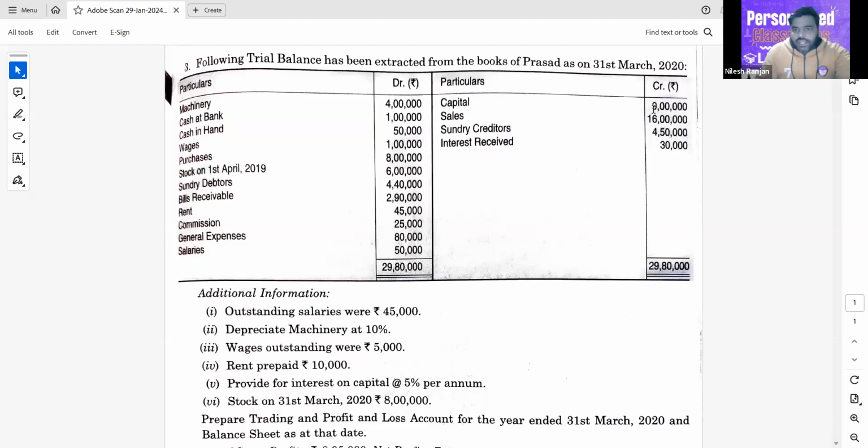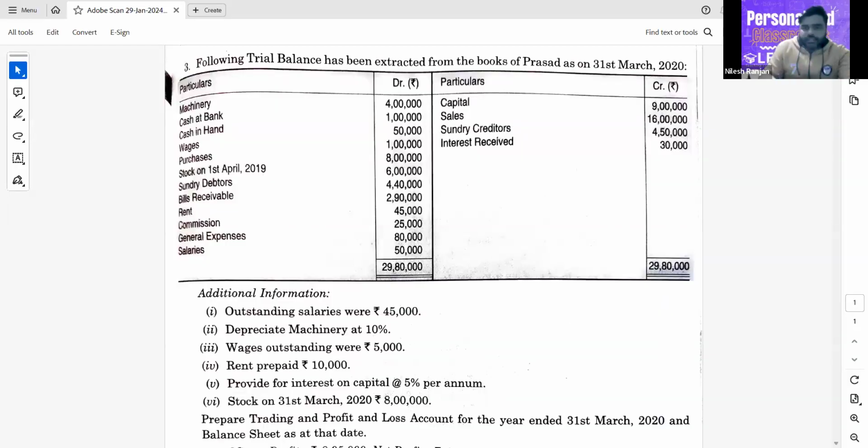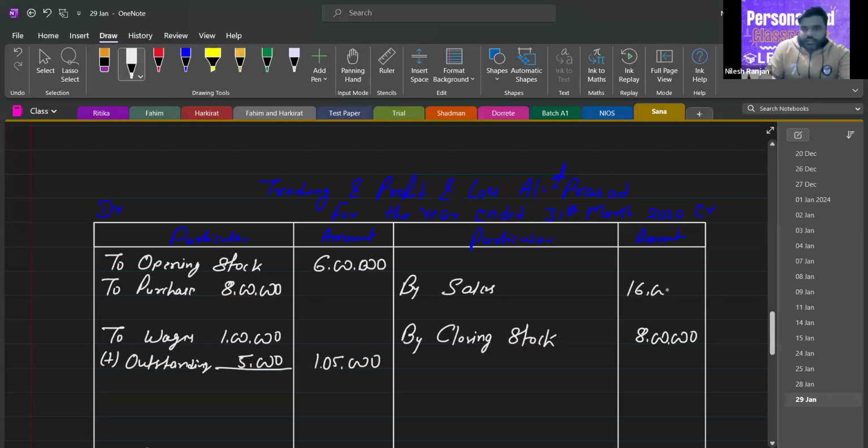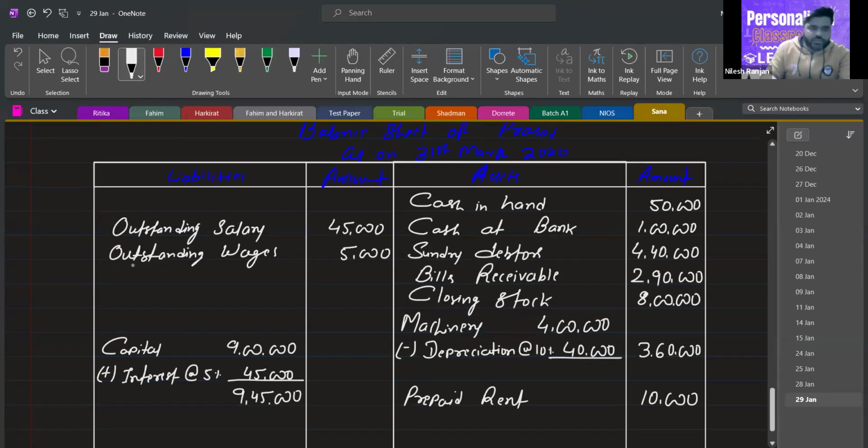Now on the credit side, capital, we have done. Sales 16 lakh. So by sales 16 lakh. I have not written it inside because there is no sales return. Again, here there is no purchase return, so we will write this amount outside, 8 lakh. Now sundry creditors, it is 4 lakh 50,000, so it will go here, sundry creditors.